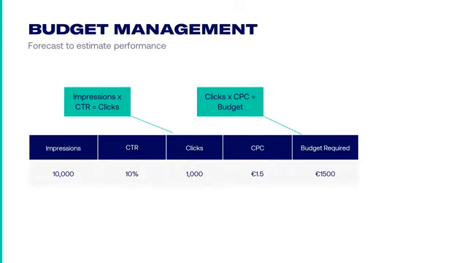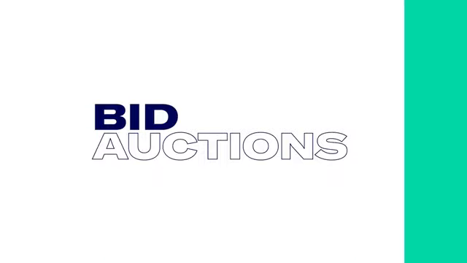We'll have a goal to drive a certain number of sales. We will know that based on our current conversion rate, we need to drive this amount of traffic to hit our sales KPI. This traffic is €1.50 per click, so we multiply that by the traffic required, and that gives us our required budget, and that's how you forecast.